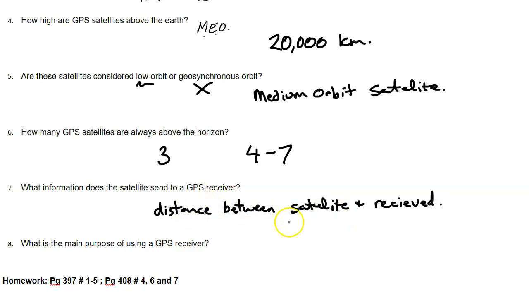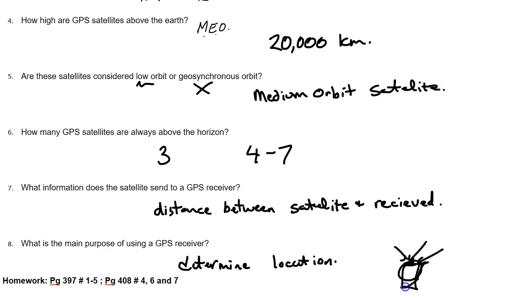Really, it's a time ping, and it's your receiver that's actually doing most of the calculation. The main purpose of using a GPS receiver is to determine the location. It needs a very precise signal from each satellite, and then it is your receiver that takes that information, calculates it, and puts you wherever you are on its integrated map.